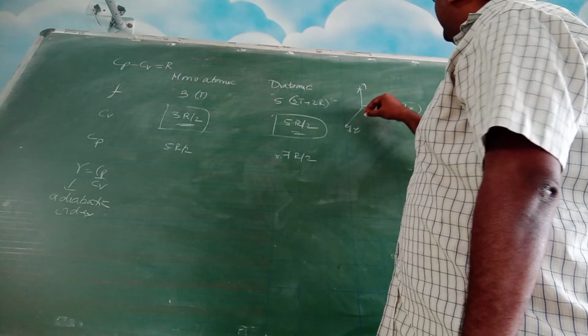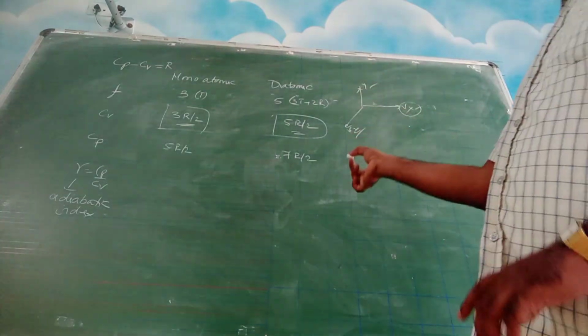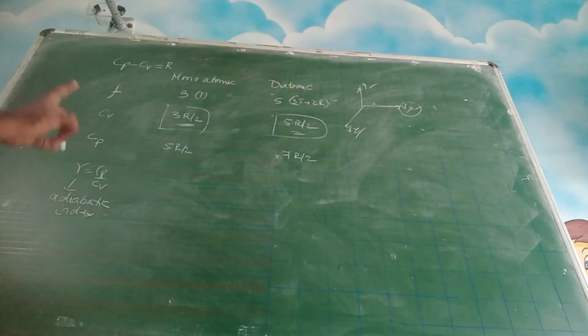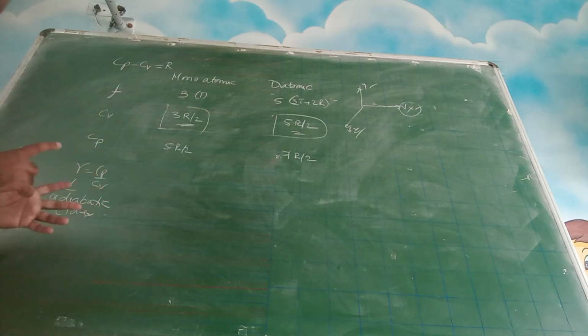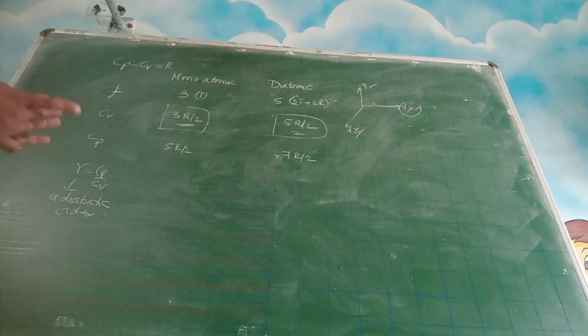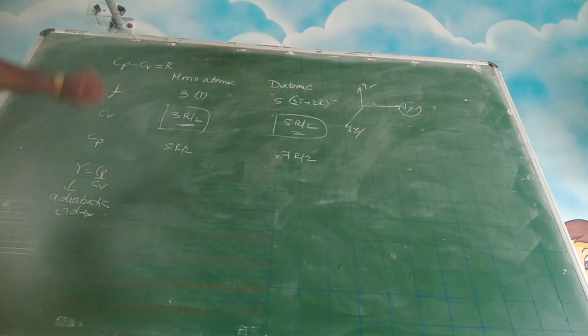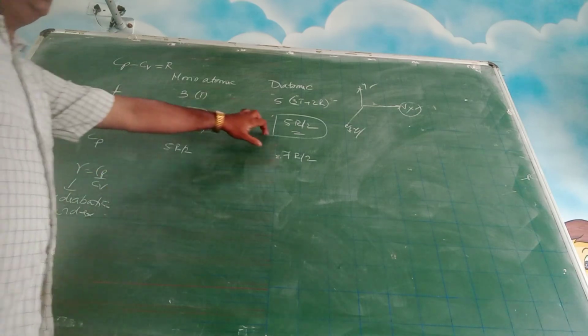So it can have kinetic energy in x, y, z. Kinetic energy can be linked with the pressure equation on the container you have seen. From there I have derived an expression for kinetic energy in terms of R and T, so all these things have come from there. But right now remember this value and this value.